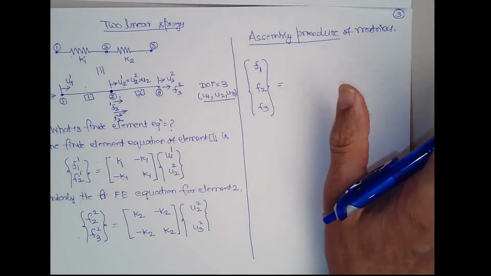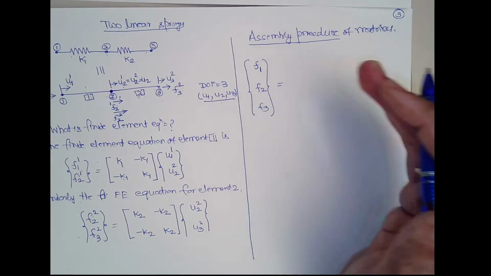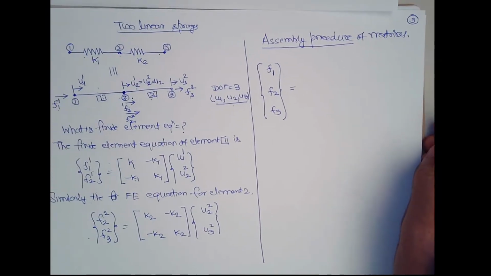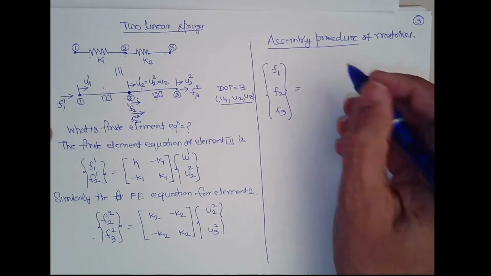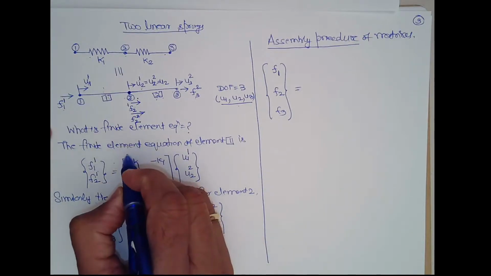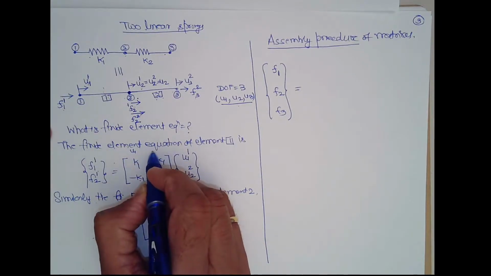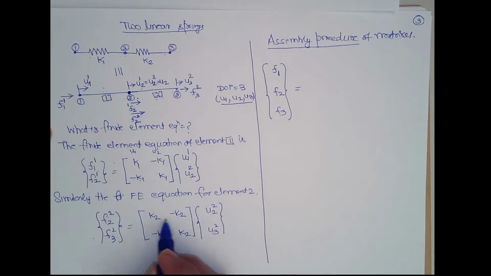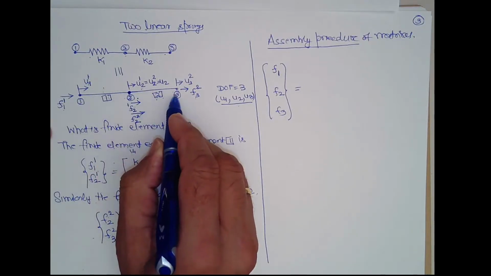There is a logic behind that, but I am letting you know how the assembly procedure takes place. So this is U1, U2. For understanding, I write simply U1 and U2, node 1, node 2. Then U2, U3, node 2, node 3.